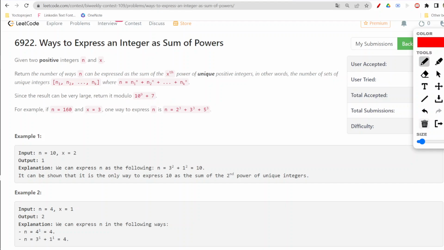Then comes the next part, how we will go ahead with this question. The first part is that we require these two things, n and x, and the next thing is that we require the integer. We need to check whether any combination of all these integers would work or not.